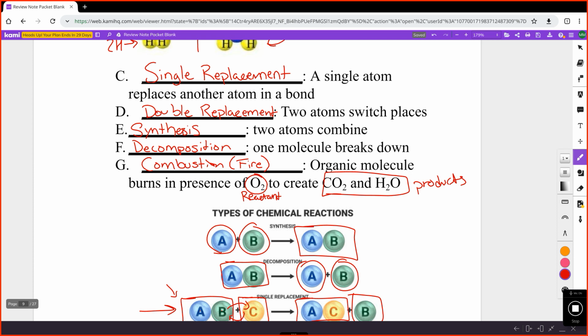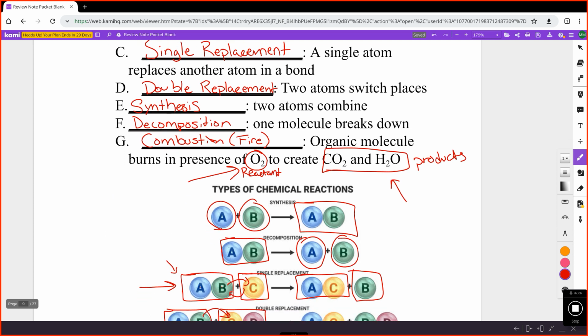So it's important you can identify those things in a chemical equation, because if these are the products and O2 is a reactant, you know you're dealing with combustion, right? It's very specific, unlike these other three where we can replace A, B, C, D with any elements we want, as long as they bond.